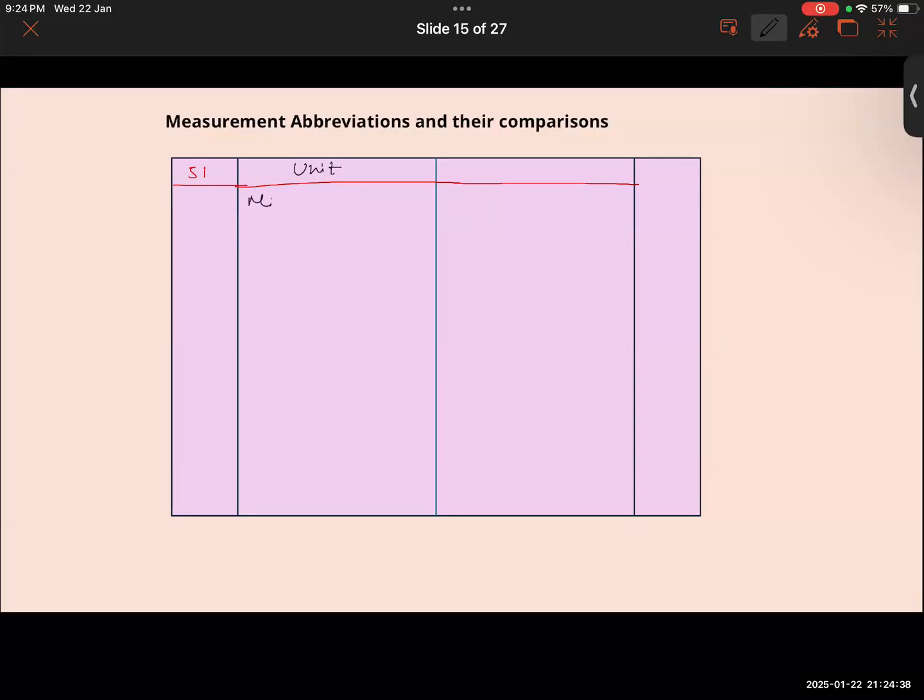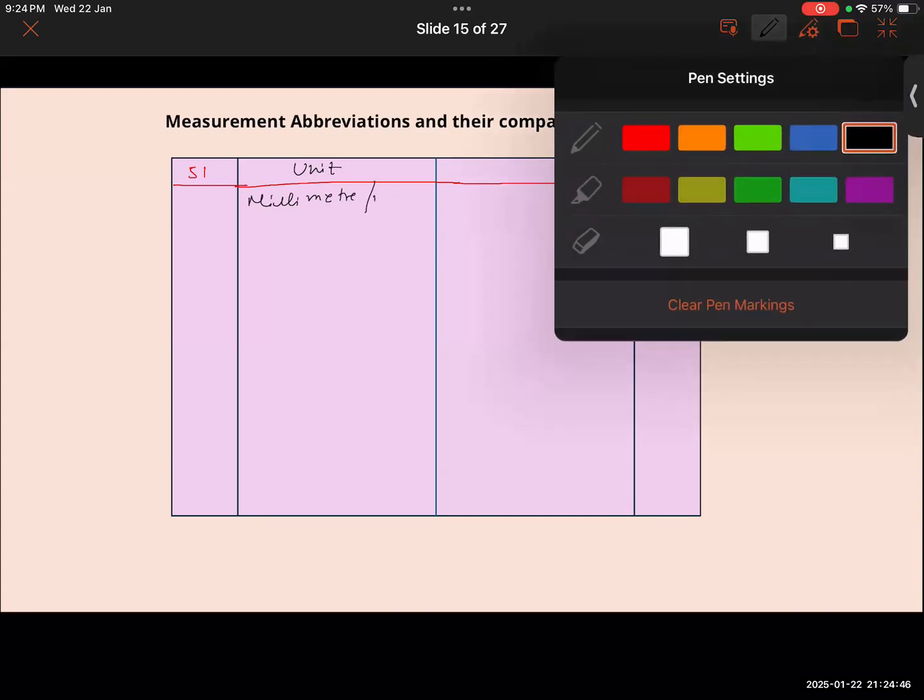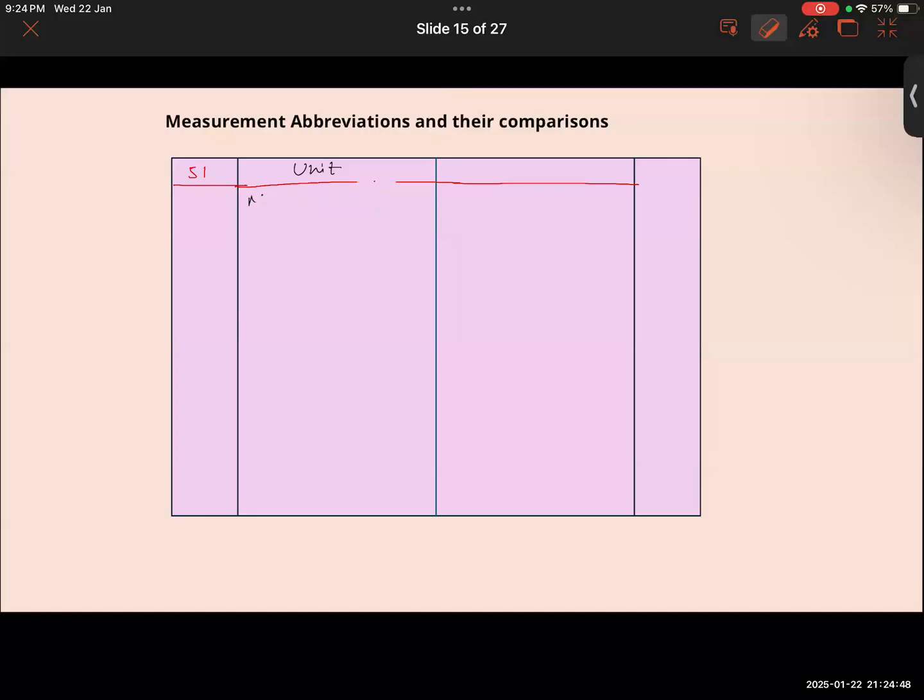Say that the unit here is millimeter or millimeters. The abbreviation, like in short how we are going to write this, is mm for millimeter.